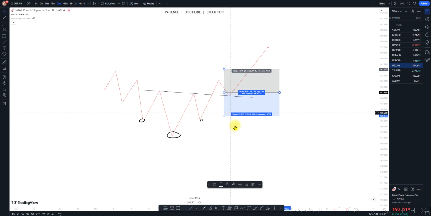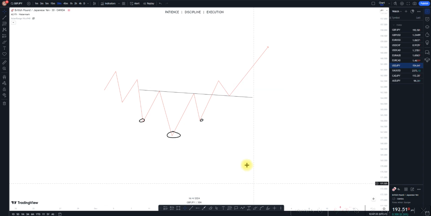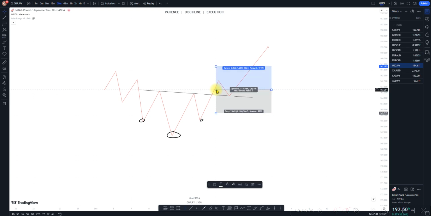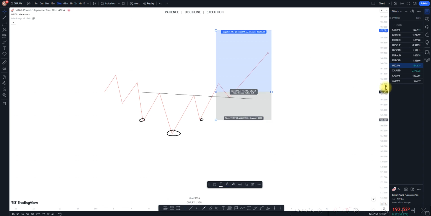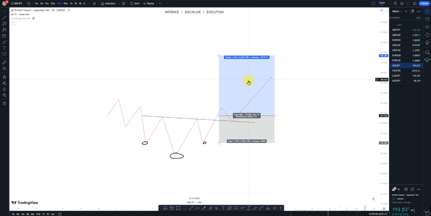You enter your buy from here. Probably we closed here. You enter your buy from here. You place your stop loss at this low, and then you can target the next high. Probably there is a high here that you can target. You can target 1 to 5, or if you target based on pips, 50 pips. So that is the first entry model.